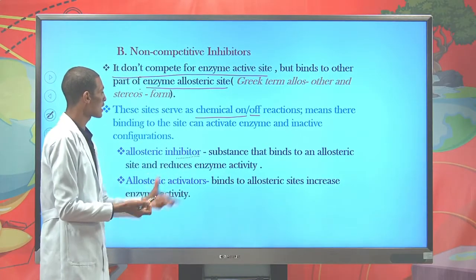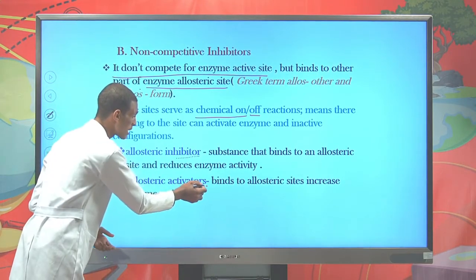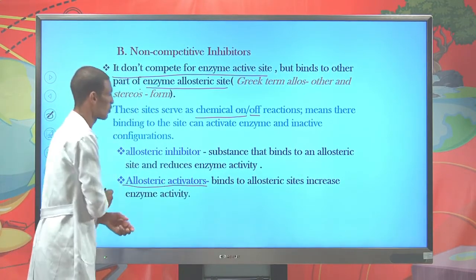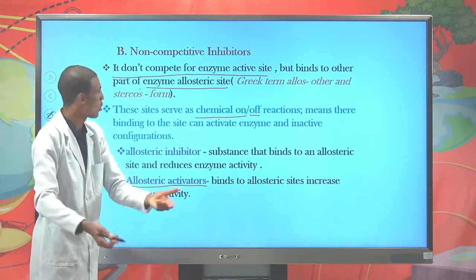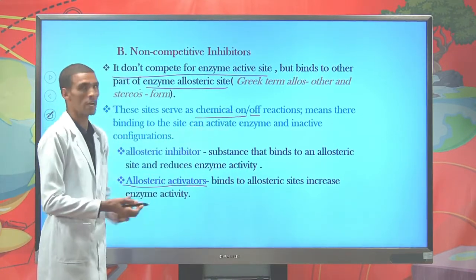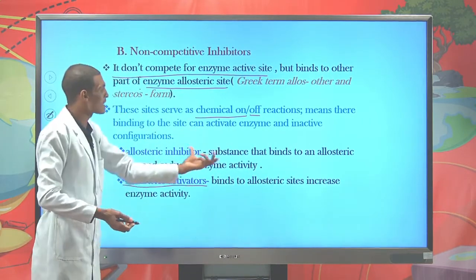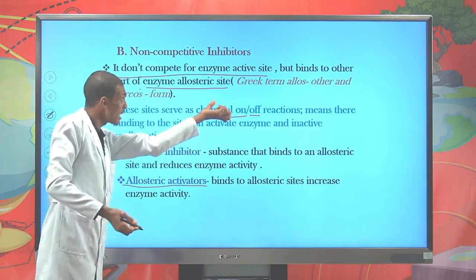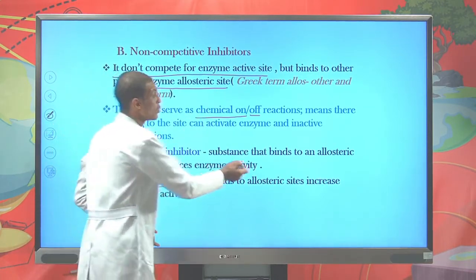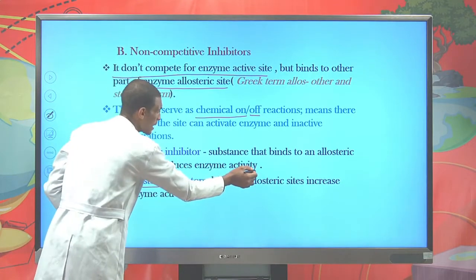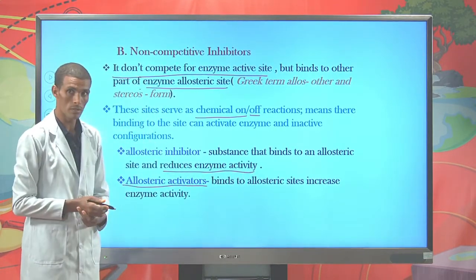There is an allosteric activator over the surface of an enzyme, which can increase the rate of the chemical reaction. But if another substance is added over the allosteric site of an enzyme and reduces the rate of enzyme activity, it is said to be an allosteric inhibitor.